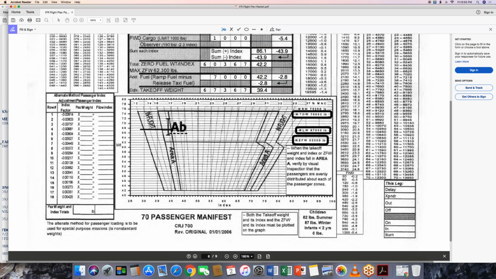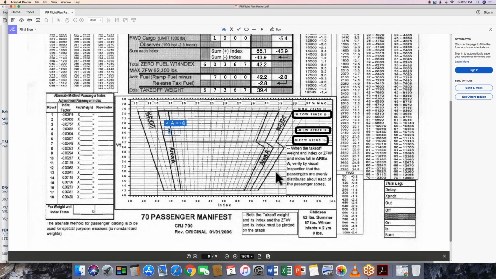All the way up. About right there. Okay, are we in CG? Yes. We are.